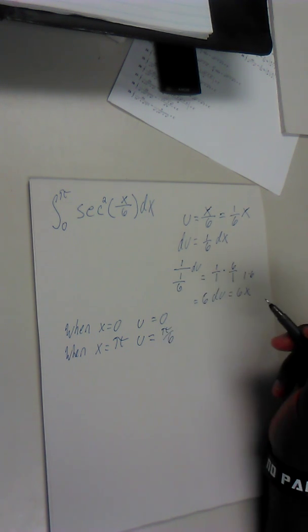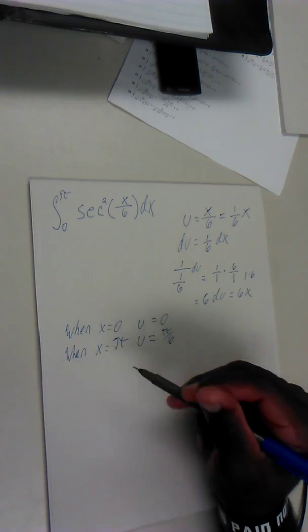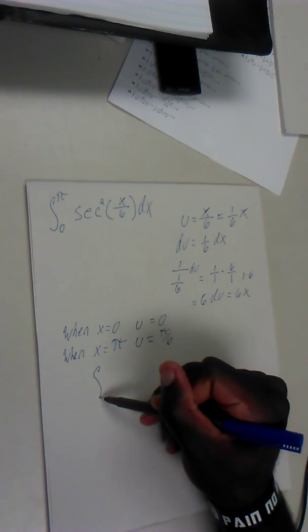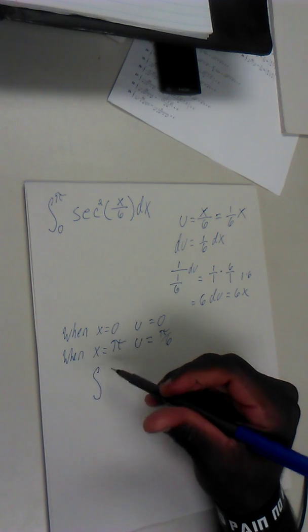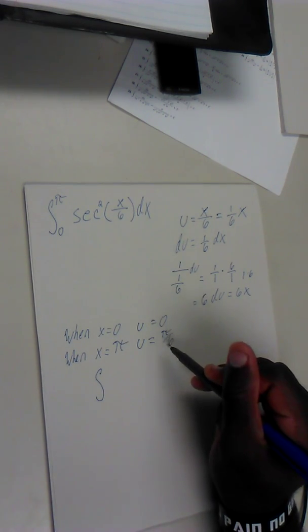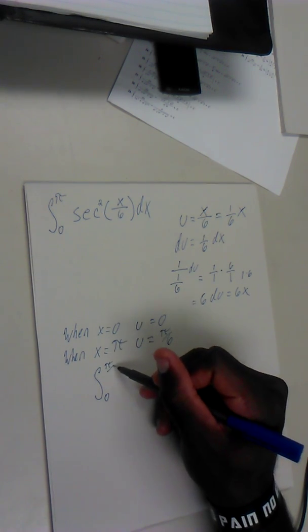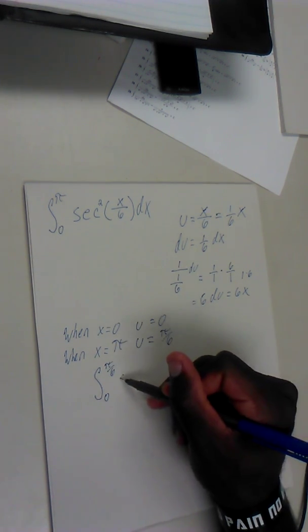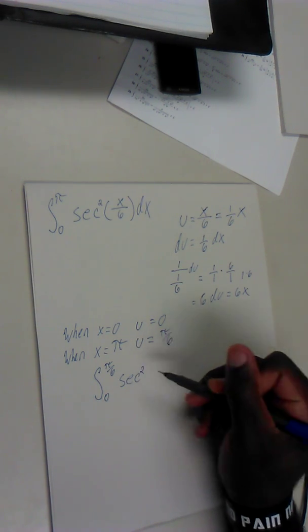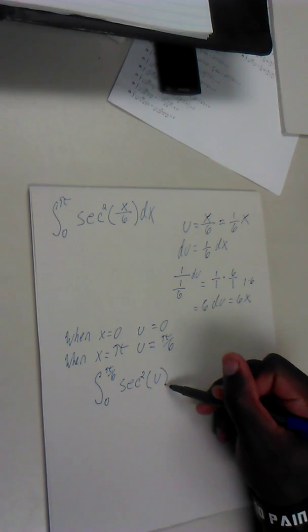Now everything is in terms of u. Now we can go ahead and plug everything in. So here the lower limit is 0, the upper limit is pi over 6, times secant squared of u.